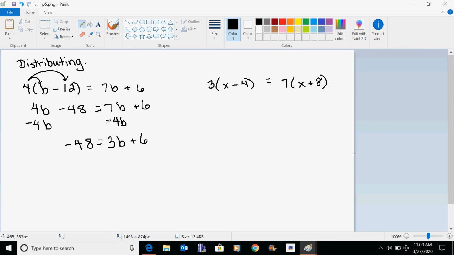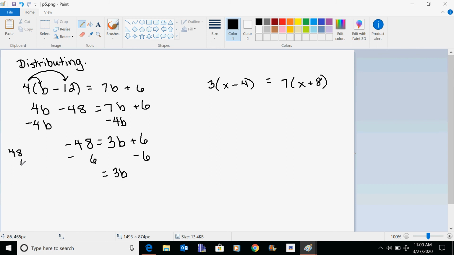All right, so I'm trying to get rid of this plus 6. So that's a minus 6. And so I've got 3b. And again, negative 48 minus 6 means you're going further down left on your number line.